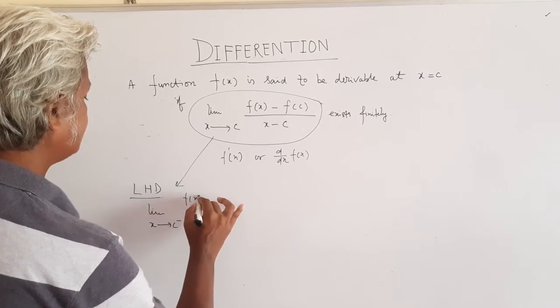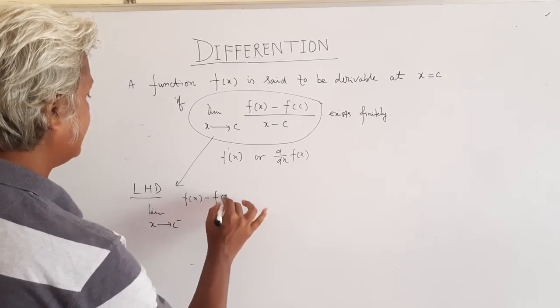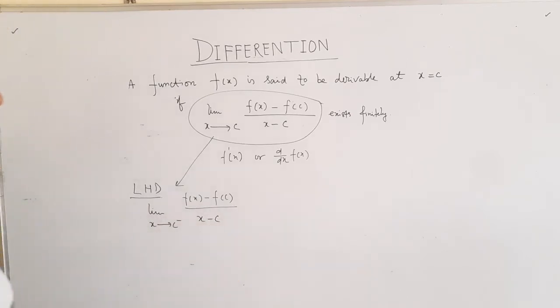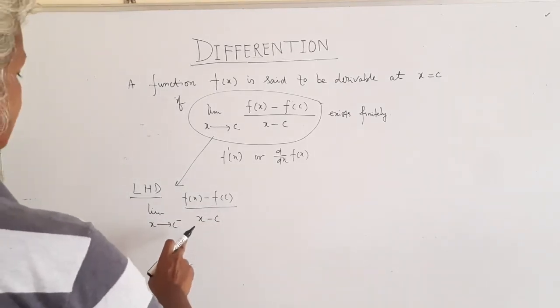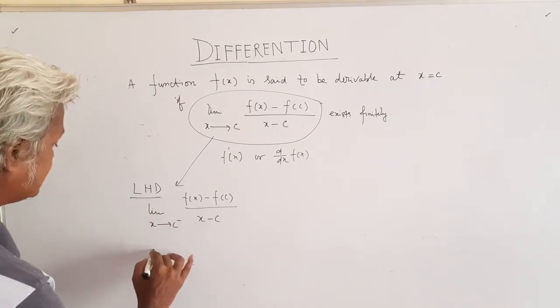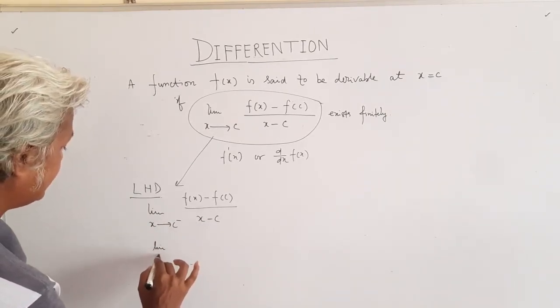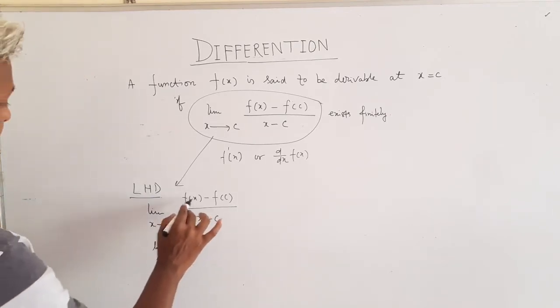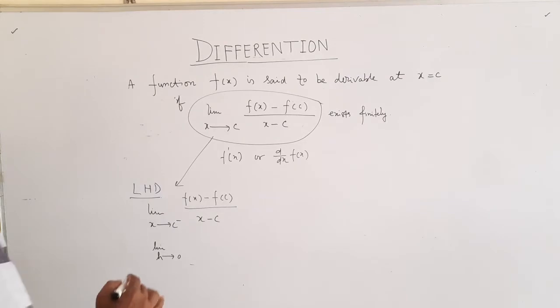f(x) minus f(c) over x minus c. If I want to write this as h tends to 0, then the better suggestion goes like this. You just write here limit h tends to 0, and in place of x you write c minus h.